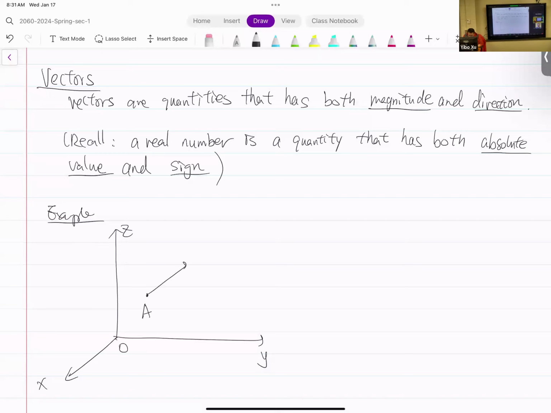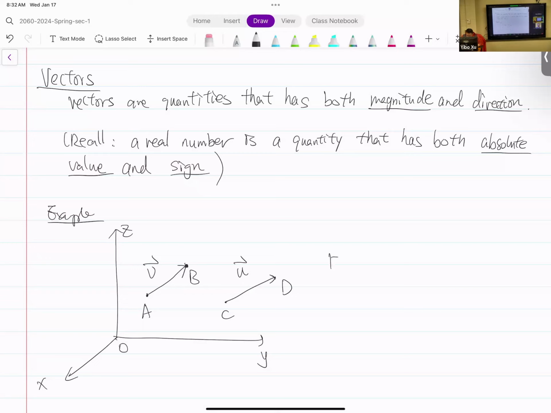So let's say this is a vector from A to B. We have 2 points within the 3-dimensional space, but then there's a head that's at B, and there's a tail at A. So we always draw this as an arrow. Okay. So we can also name this vector using another letter, let's say V here. So at the top there's an arrow above V that's indicating that this is a vector. And then we can draw another vector that's from C to D, and we can name it as U.